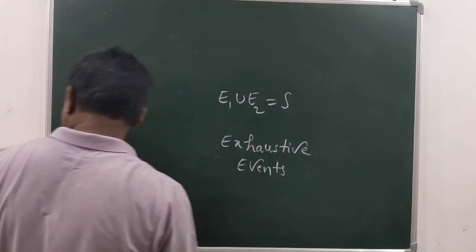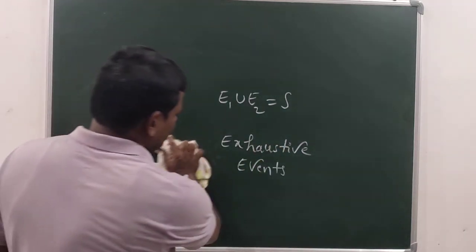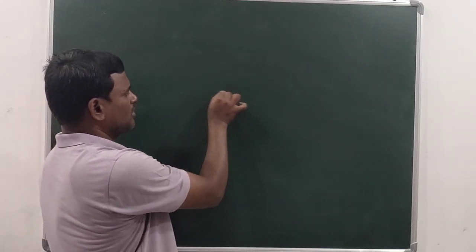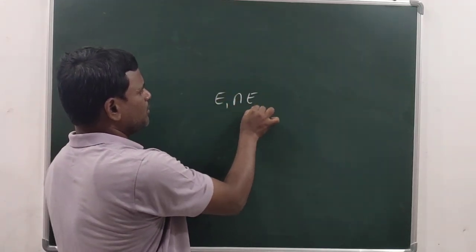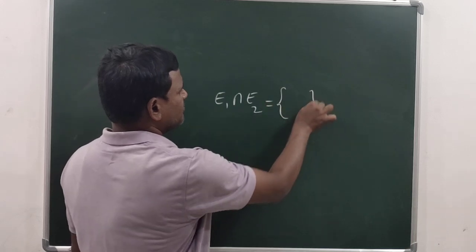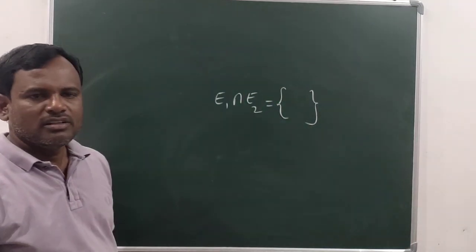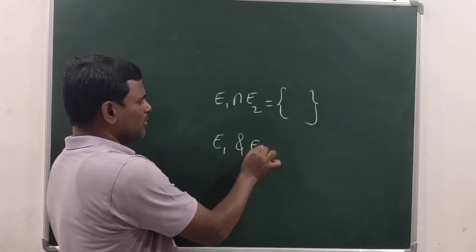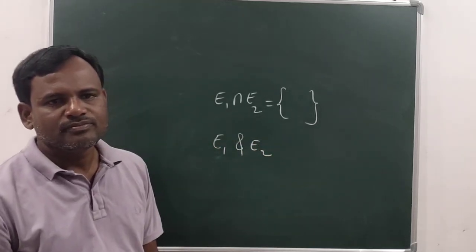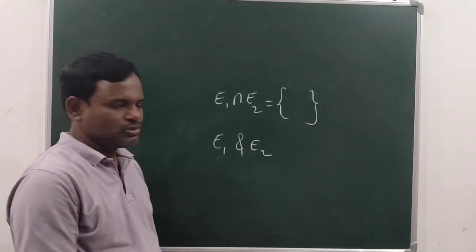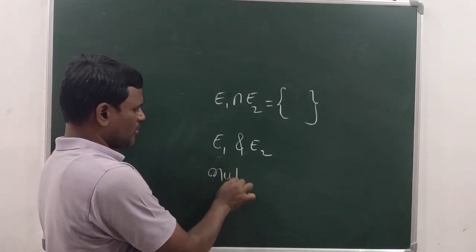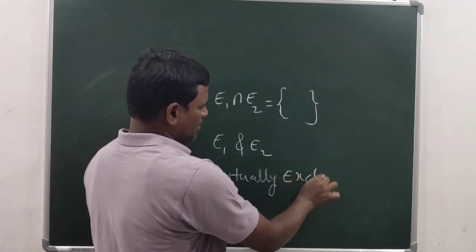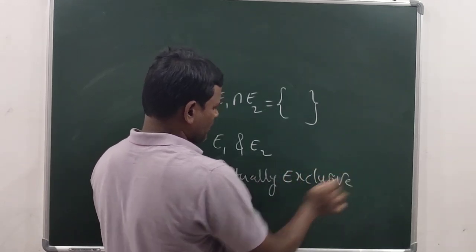Okay, students? Right. Now suppose the intersection part is an empty set. E1 intersection E2, if this is empty, then E1 and E2 are said to be mutually exclusive events.